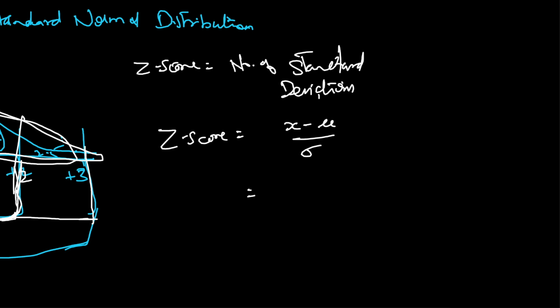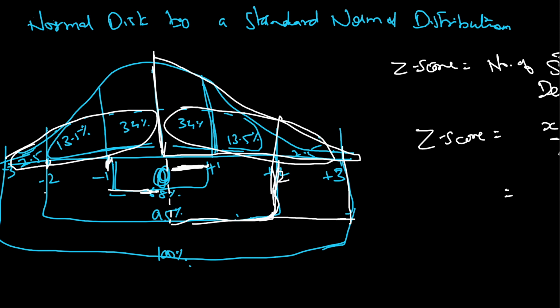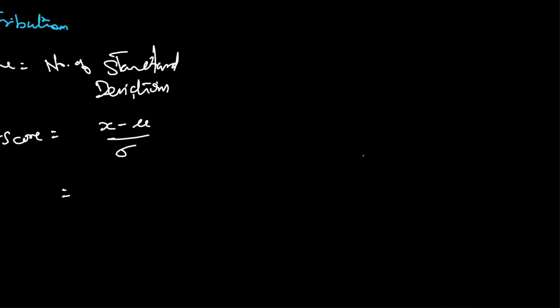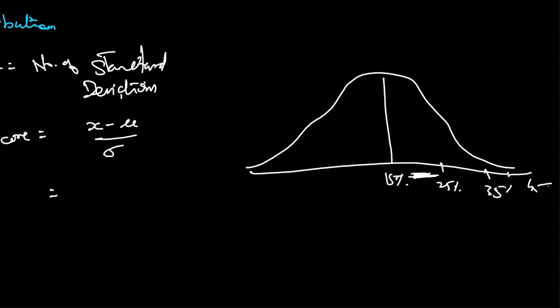Say for example, let me make a new table. Let's say on an average I am getting 15% return with 10 standard deviation. So I'll write 25% because deviation is 10, then 35%, and then 45%.